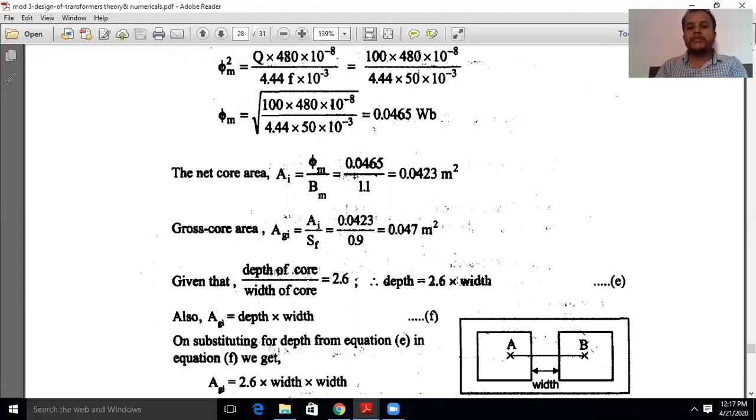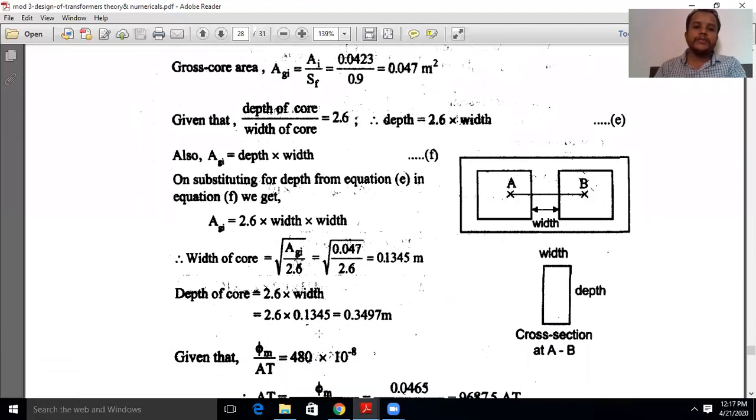Now, given that the depth of the core divided by the width of the core is 2.6, the depth will be calculated as 2.6 into width. Then Agi we know is depth into width. On substituting the depth, we get 2.6 into width into width. Now the width of the core will be calculated, 0.1345.